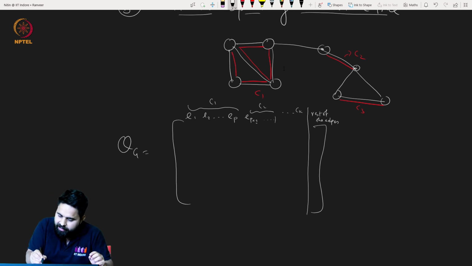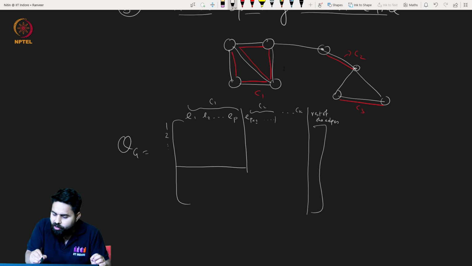These edges, and let me write the corresponding vertices here. Suppose 1, 2 up to some number. I do not care what that number will be, but whatever these vertices are, those are incident on these red ones here.